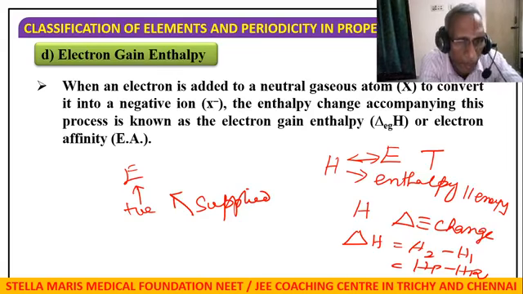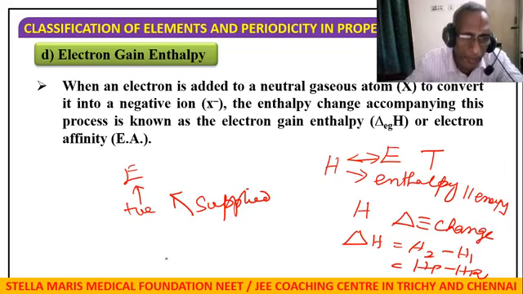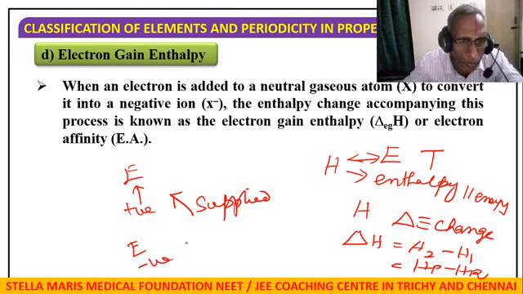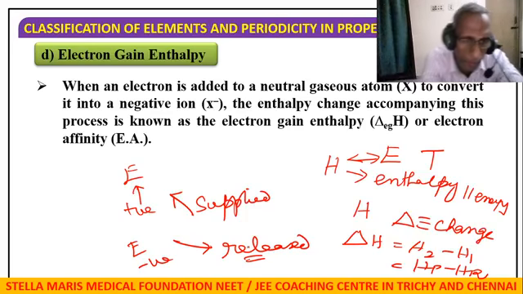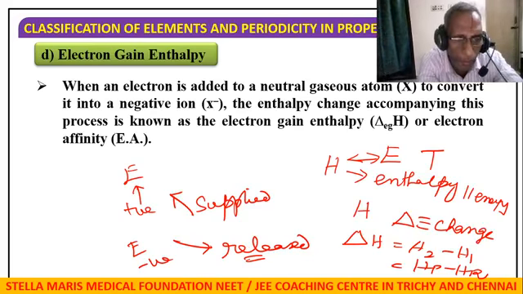Energy is considered positive if it is supplied, whereas energy is considered negative if it is released. Energy released is considered negative. For example, if you have given some x rupees to some other person, what is the amount you have gained? You will say minus x. So loss incurred is viewed as negative gain. If energy is supplied, that is considered positive, but if the energy is released, it is negative.